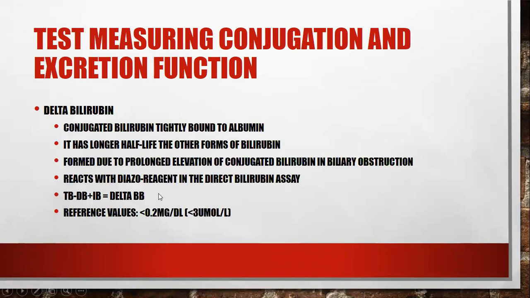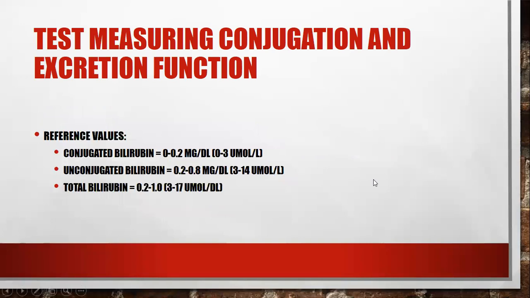It reacts with diazo reagent in the direct bilirubin assay, and is usually computed by subtracting direct bilirubin from total bilirubin and adding indirect bilirubin. Normally it is less than 0.2 milligrams per dL in the serum. These are your reference values for bilirubin.